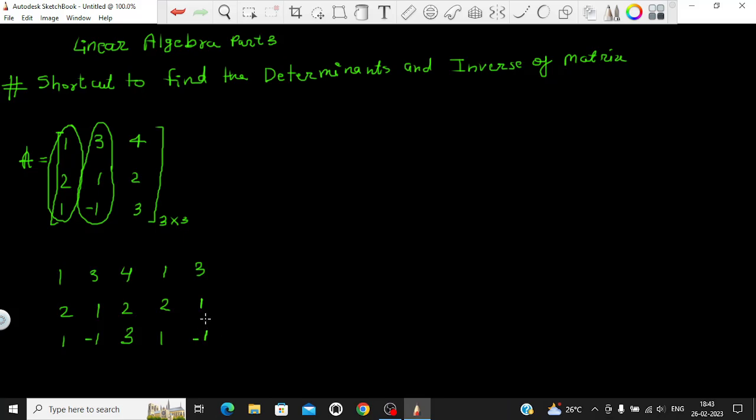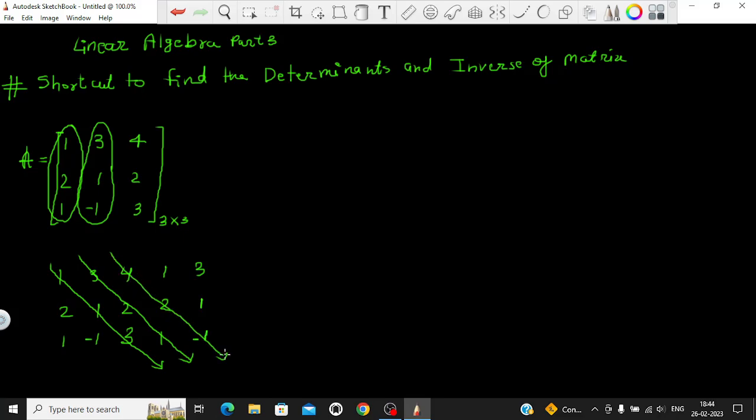Now what we will do, we will multiply in this way. For whatever elements fall on this arrow, we will multiply them. Similarly again this arrow and this arrow.